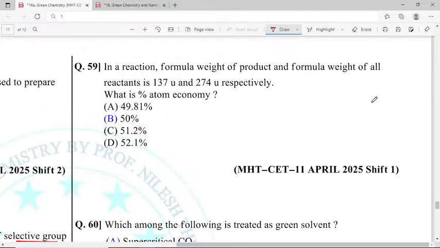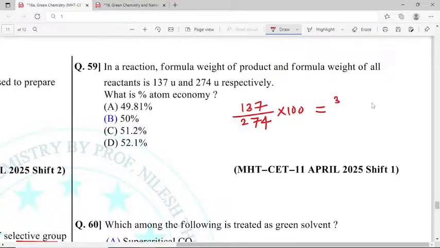In a reaction, take the formula weight of the product and the formula weight of all reactants. Formula weight of product 137 divided by formula weight of reactants 274, times 100, will give the percent atom economy.